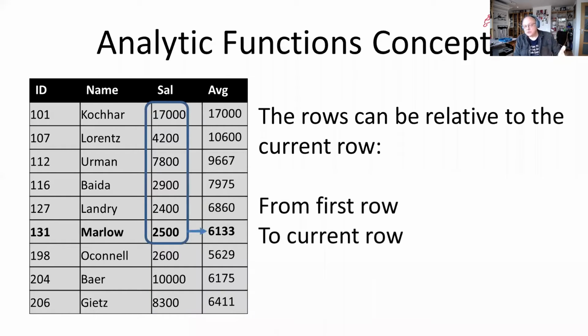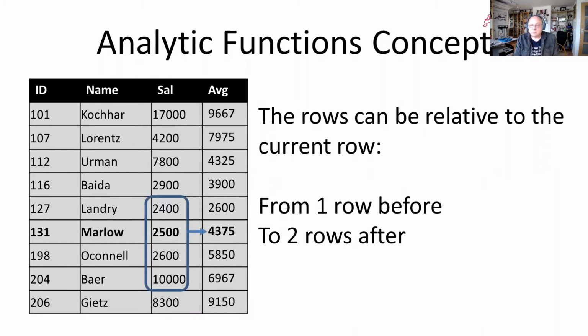But we can also, for example, look at only the current row and all the rows preceding that, all the rows that came before the current row. We could also just say, well, let's look at all the rows from the row right before the current row until the second row after the current row.